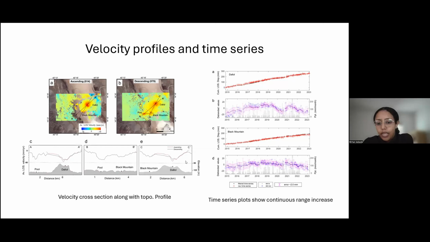In B and D we have detrended plots of C and A. We detrend this data just to show if there are any fluctuations. And on top of that, we also compare these fluctuations with the given precipitation data in the area, which is represented by the bar graph in B and D. However, we don't see any correlation between the two.